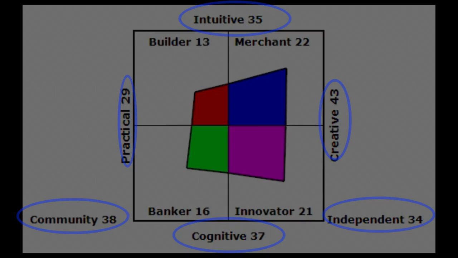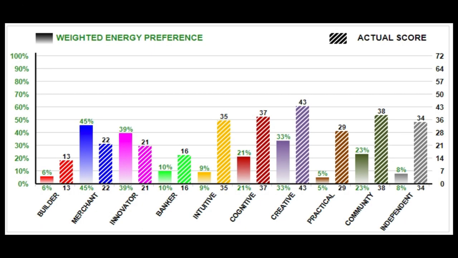Now looking at the second graph, you'll find the 6 contribution types at the middle and on the right side of the lower axis. The striped bar above each contribution type indicates the number of items you selected in the assessment out of a total of 144 that correspond to that contribution type.